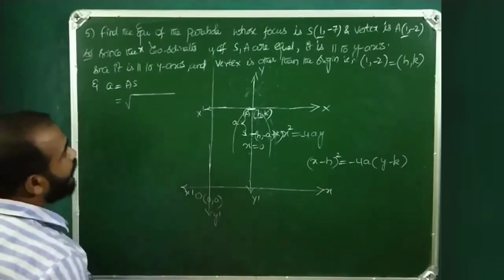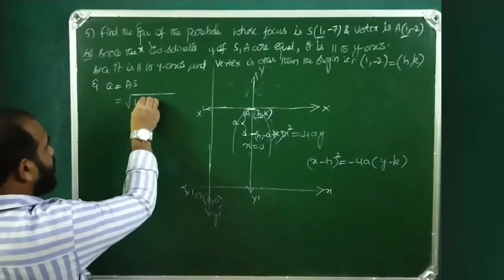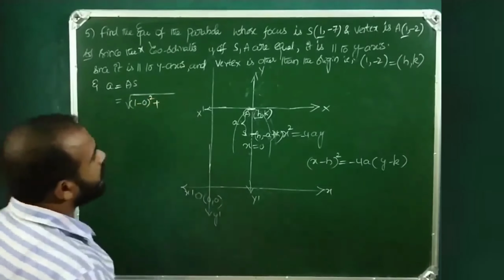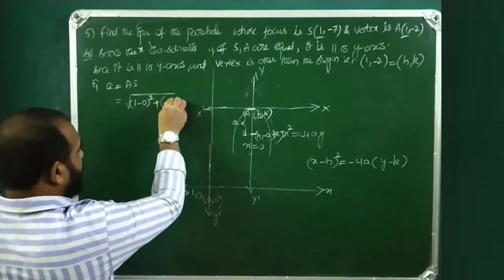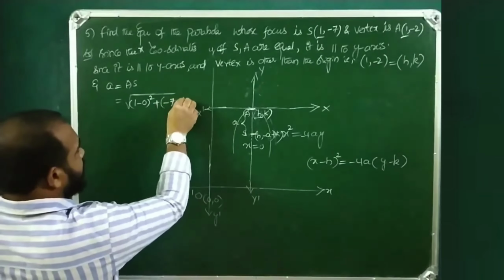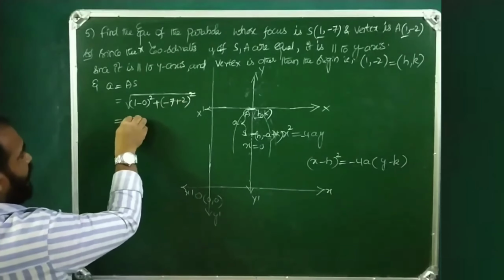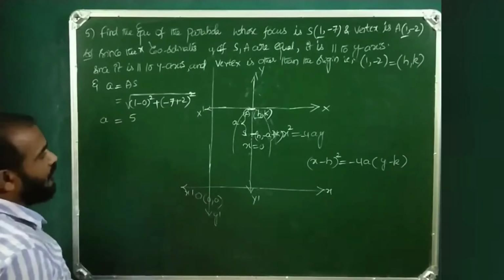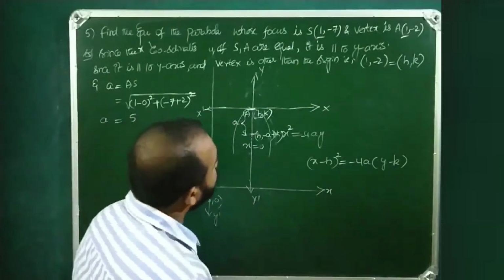AS is square root of 1 minus 1 whole square plus minus 7 plus 2 whole square. Minus 7 plus 2 whole square. This is equals to 5. A is equals to 5. And now this is 1 comma minus 7.